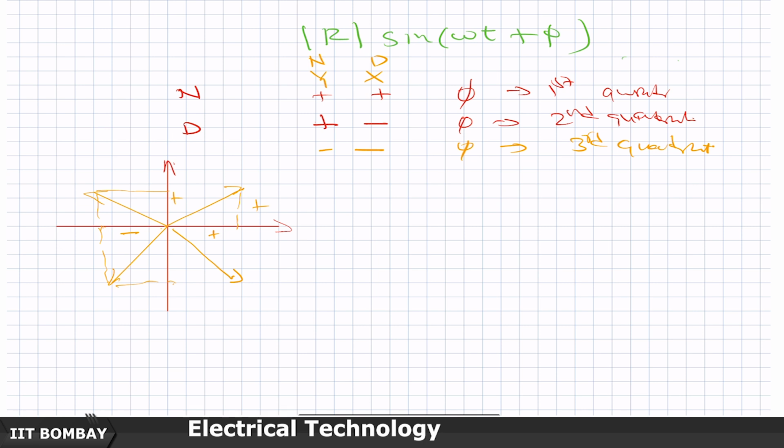If the numerator is positive, that is the projection on the y-axis is positive and the projection on the x-axis is negative, then it is in the second quadrant. If both projections on the x-axis and y-axis are negative, it is in the third quadrant. And if the projection on the x-axis is positive and the projection on the y-axis is negative, then it is in the fourth quadrant.